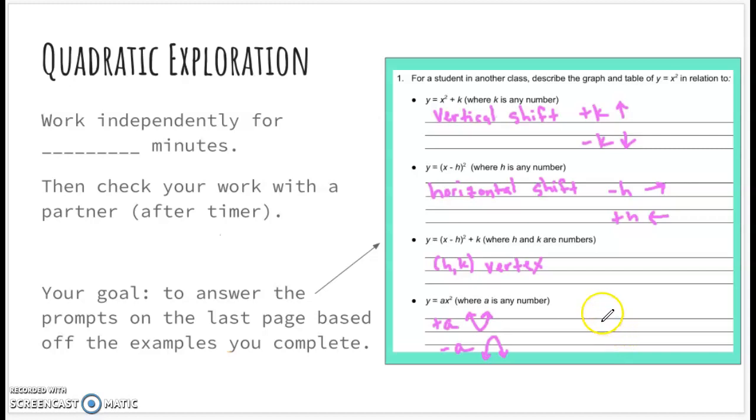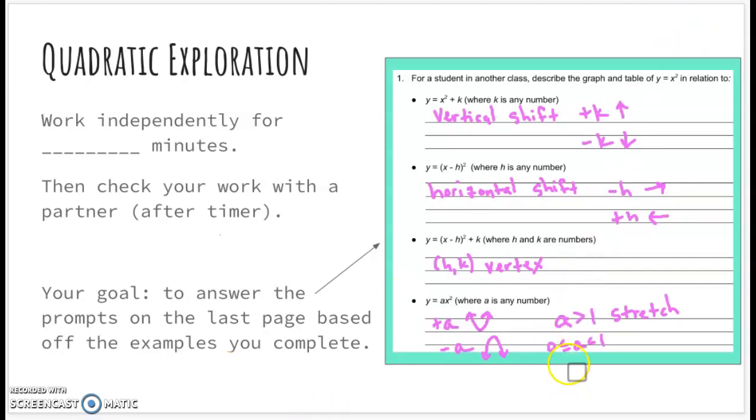And as your a value gets bigger, or your a value is over 1, your graph actually gets stretched.